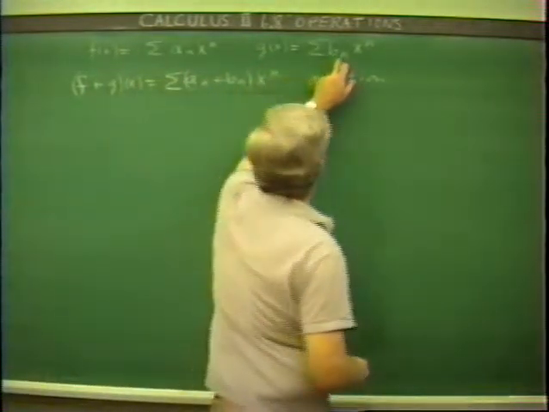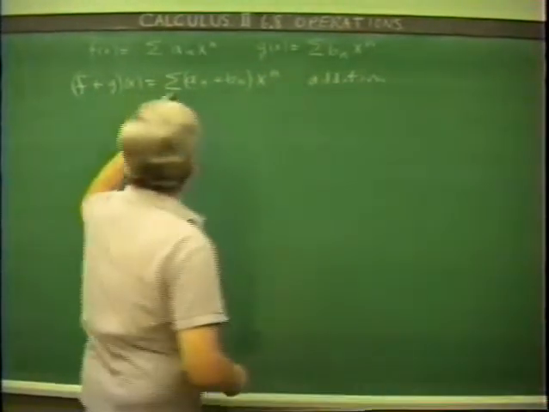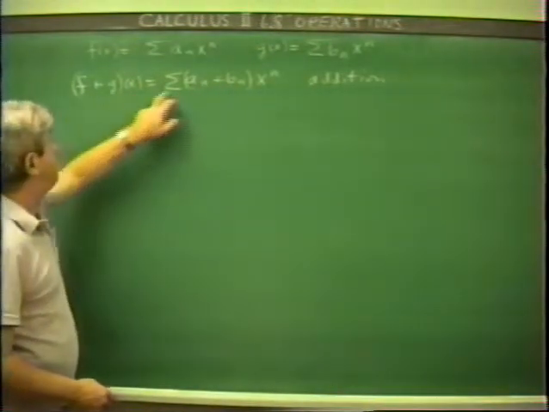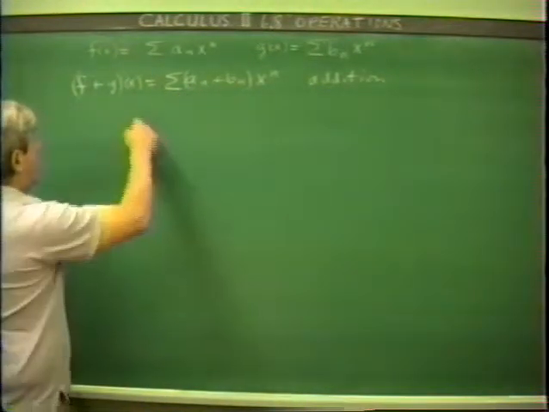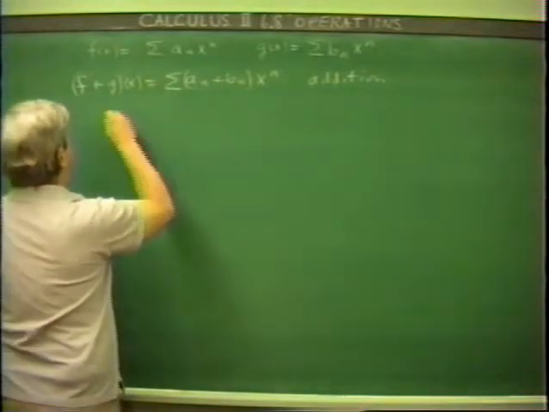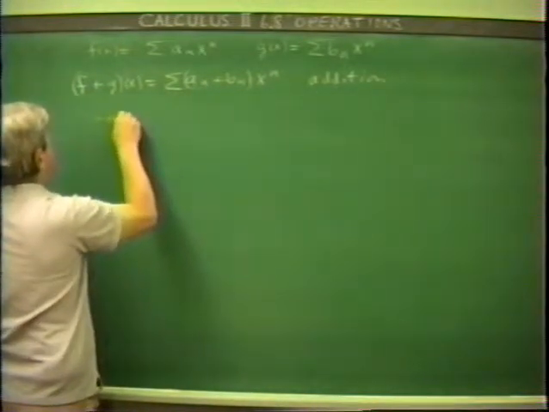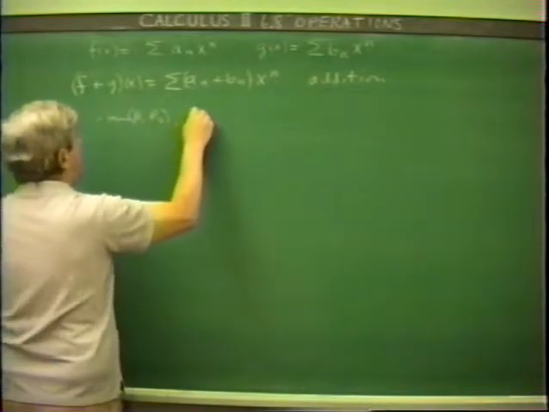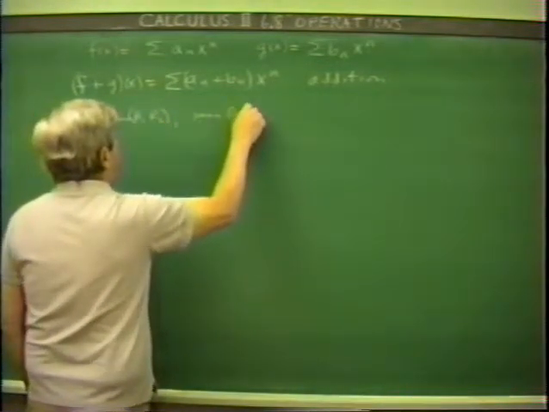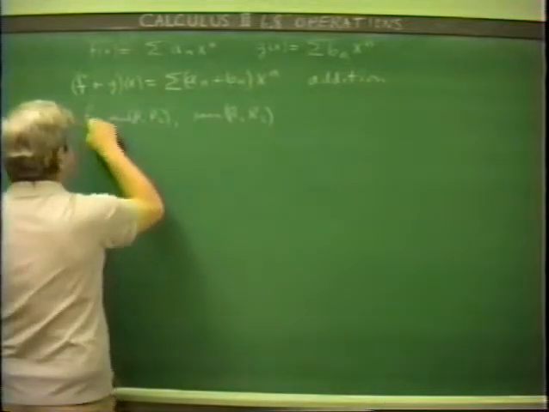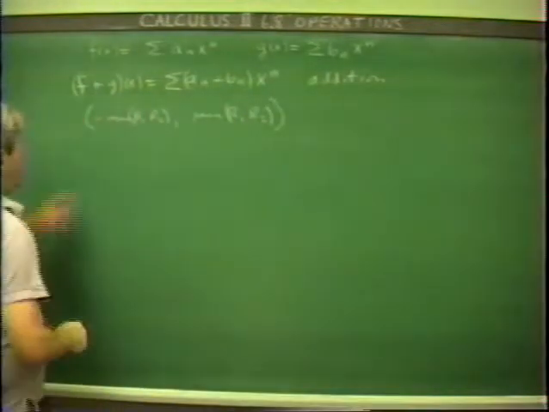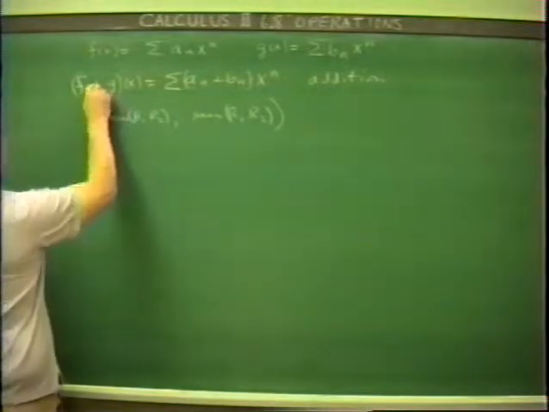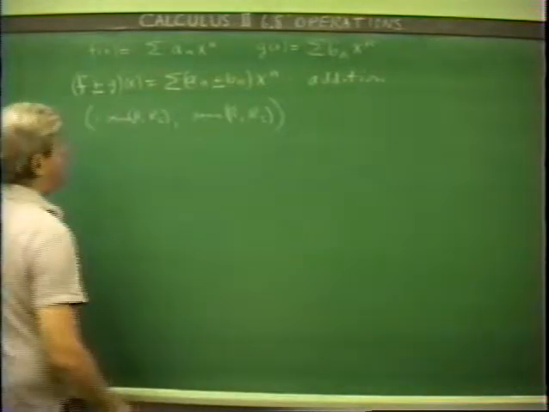Okay. And now, if this has a radius of convergence of R1, and this one has the radius of convergence of R2, then this will converge on the minimum of those two. That's to say, the interval from minus the minimum of R1 and R2 to the minimum of R1 and R2 is going to be the interval of convergence for f plus g here.